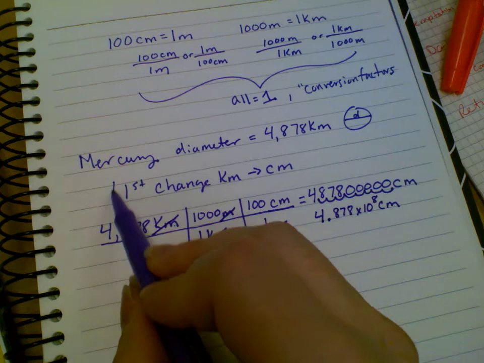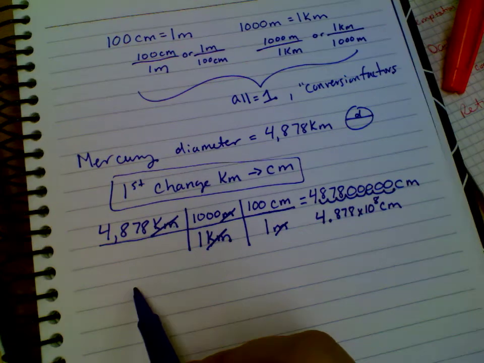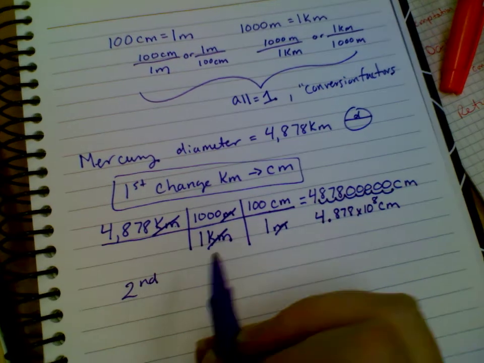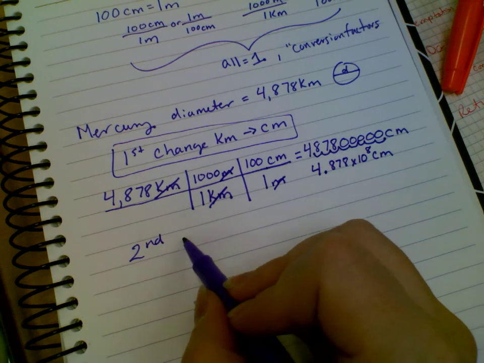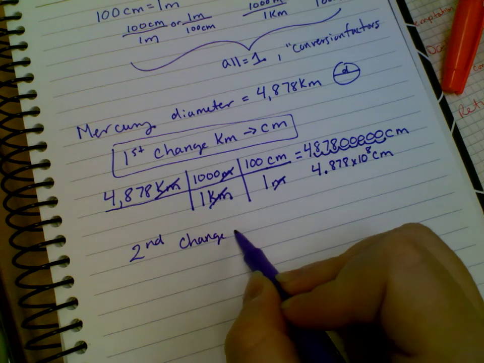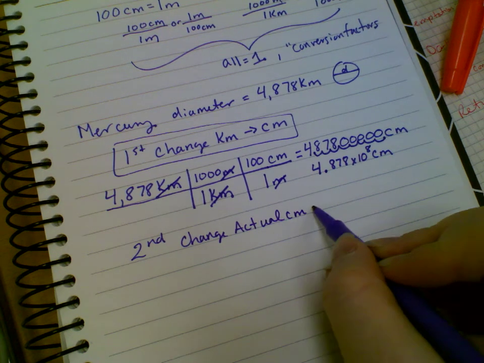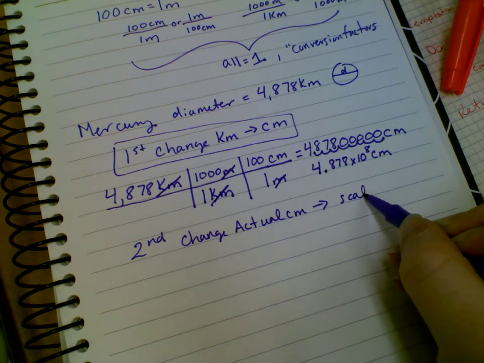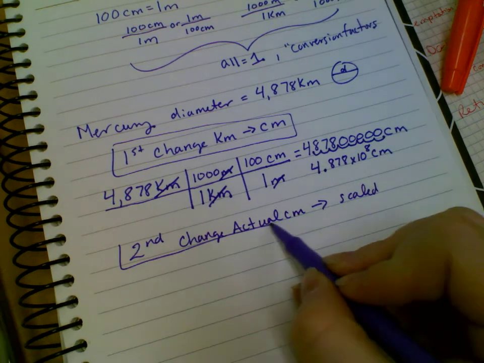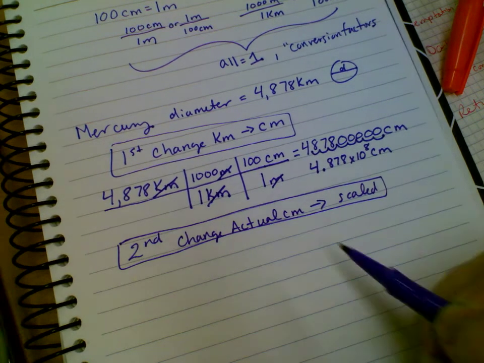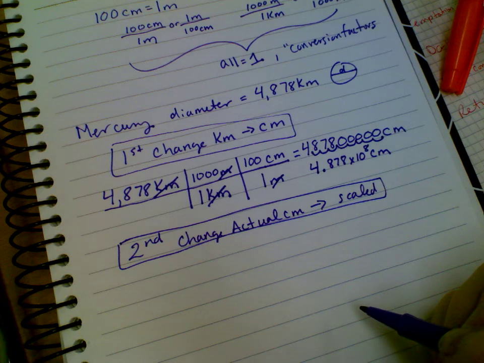Now, my first step was to change units. My second step, I need to change the actual centimeters to scaled. Now, to do that, I would want to look at my largest and my smallest.